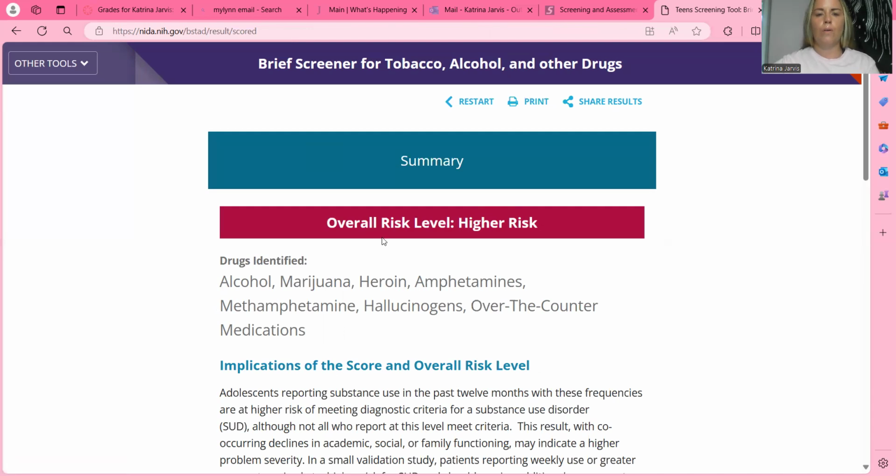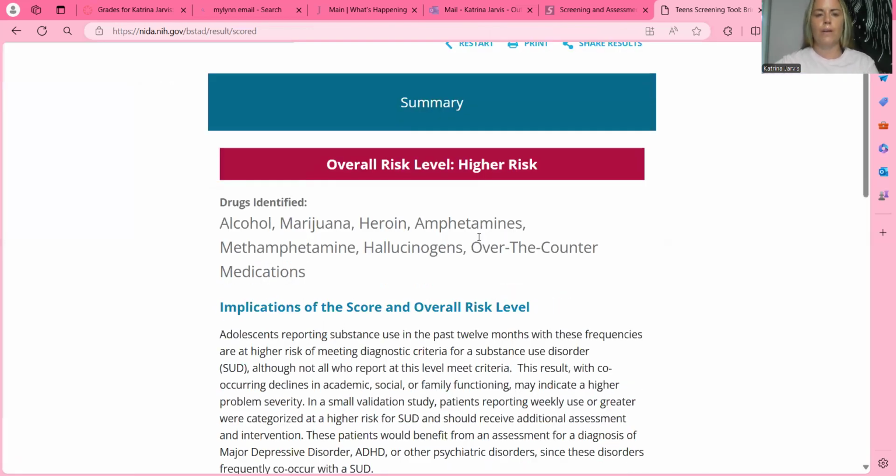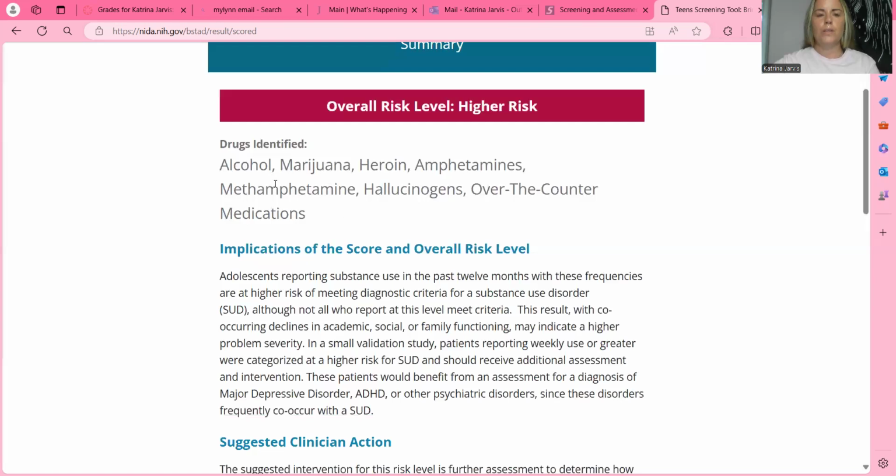In overall risk level, this person is at a higher risk. The drugs that were identified, just like if it was a lab test, alcohol, marijuana, heroin, amphetamines, methamphetamines, hallucinogens, and over-the-counter medications.